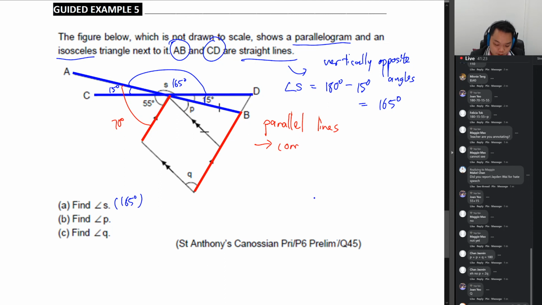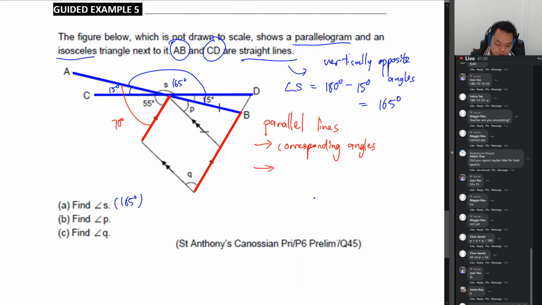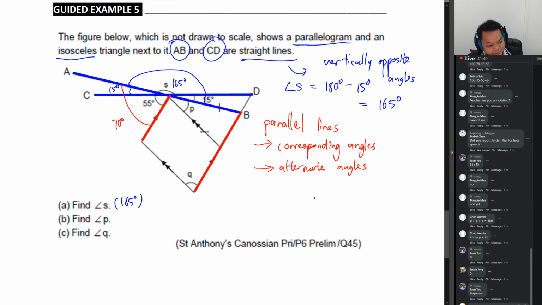One is corresponding angles, and the other one is alternate angles. Okay, so guess what? Which one am I going to use here? Trapezium. No, not so much on that.